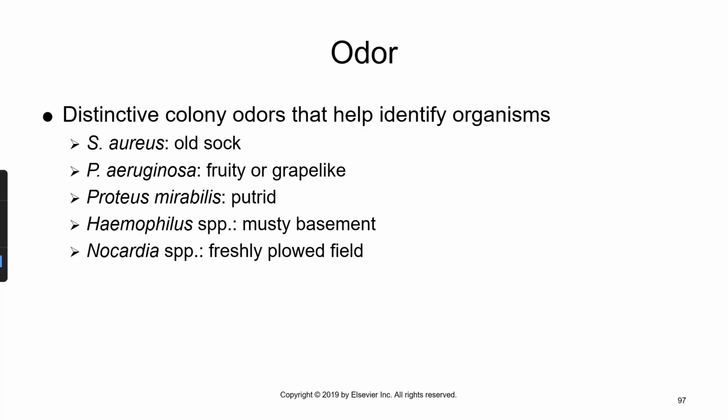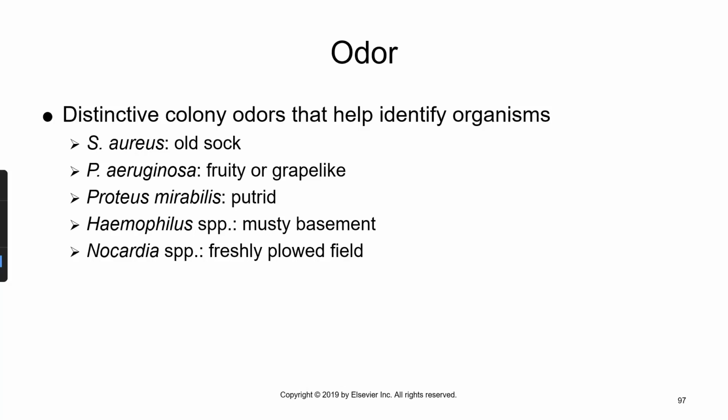Staph aureus smells like an old sock, kind of moldy, nasty, gross. P. aeruginosa, they say, smells fruity or grape-like. I have smelled different types of P. aeruginosa, and it doesn't always smell like grapes, but if you get that grape-like smell and you're looking at a plate that's got the green halo around it and looks kind of gunky and mucusy, you can safely assume it's P. aeruginosa.